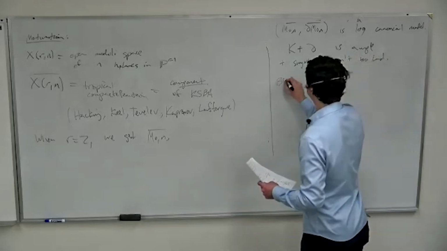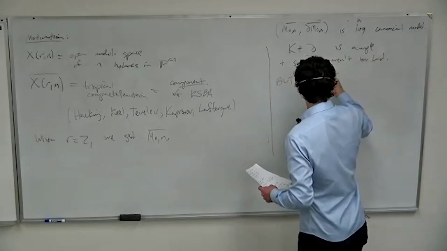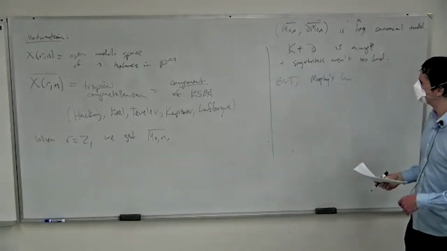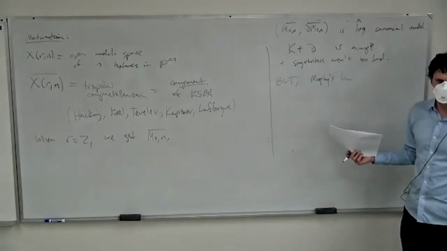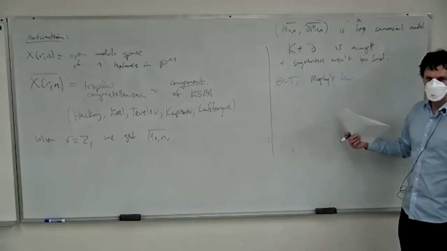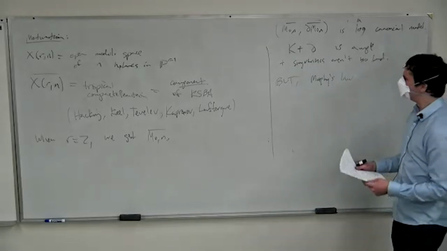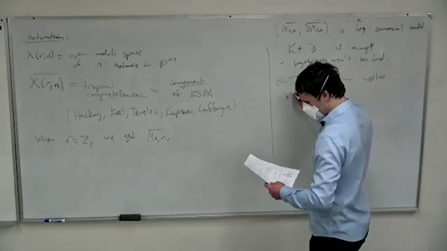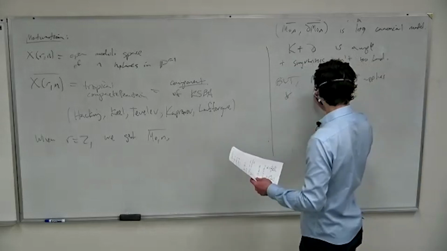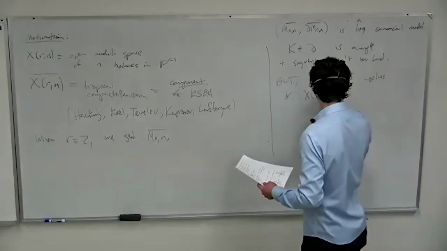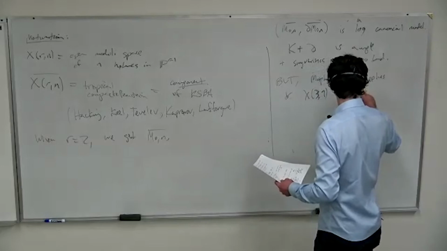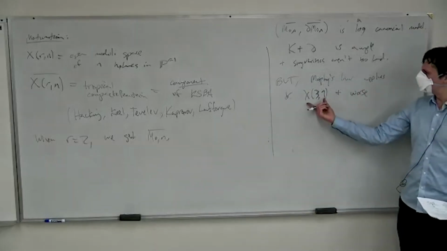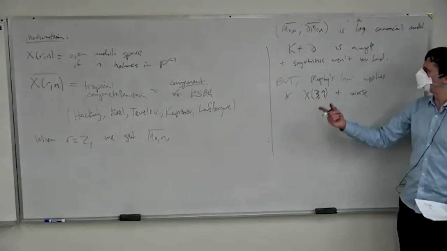But Murphy's law, as in Murphy's law for moduli spaces, comes from Mnëv's universality theorem. This applies even for r equals 3, if we're looking at X(3,9) and worse. If this 9 becomes any bigger, this becomes too singular for this to hold.